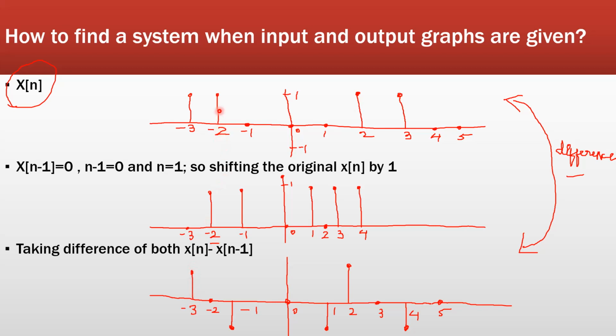At -2 there is an impulse, and at -2 there is an impulse of equal amplitude. They both will cancel out, and the amplitude we get is 0.